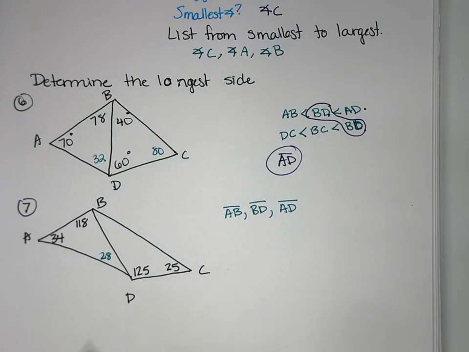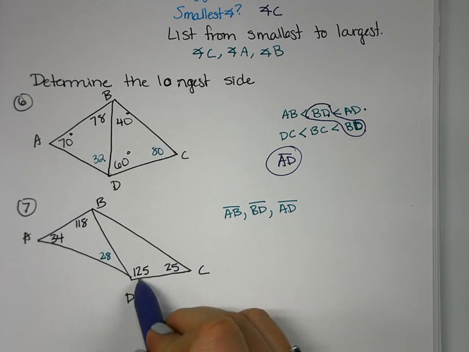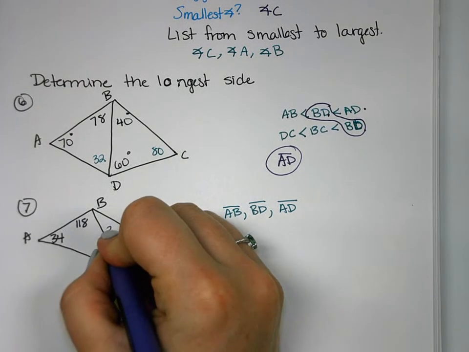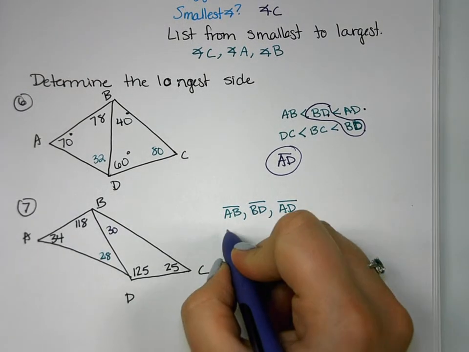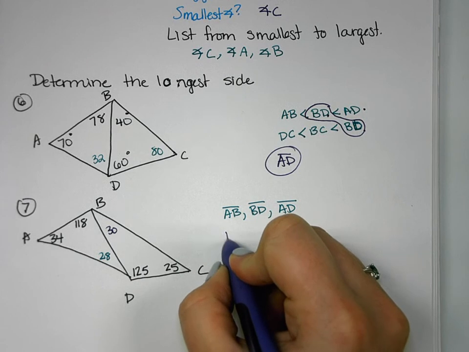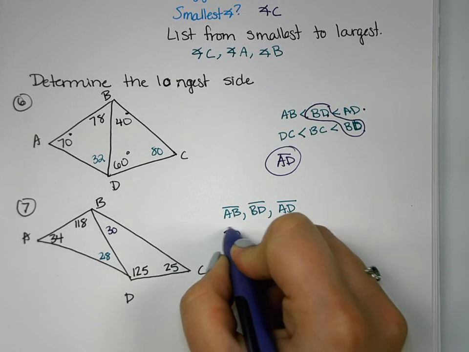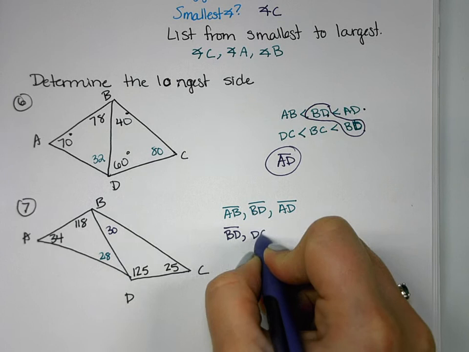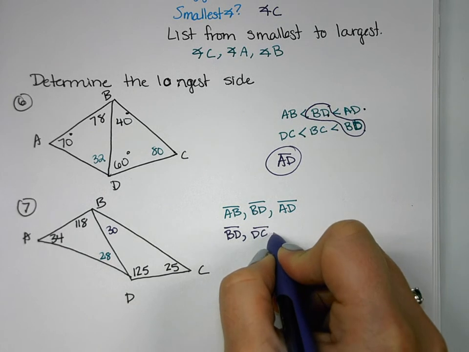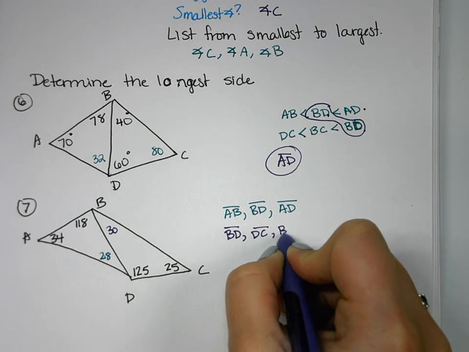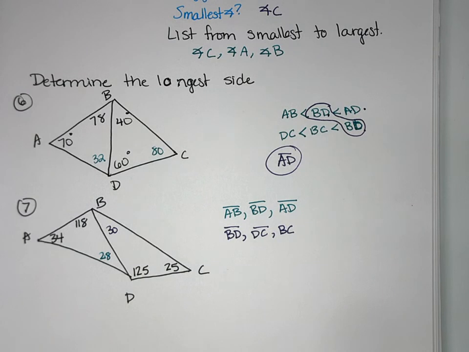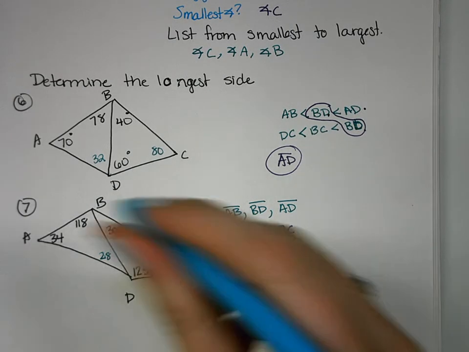Then I go over to my other triangle, triangle B, add these together and subtract from 180 to get 30. So that means BD is actually going to be the smallest side here, followed by DC, with BC being the larger one. So again, I'm going to look to see where is that shared side. So my shared side is right here.